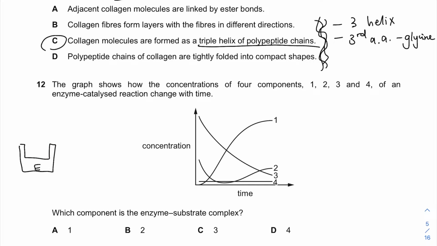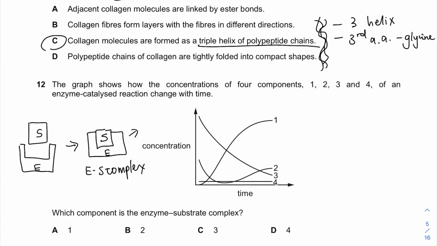This part is the active site, and you have the substrate. When they collide, they form the enzyme substrate complex. So this is known as the enzyme substrate complex, where the enzyme remains unchanged, and these are your products.